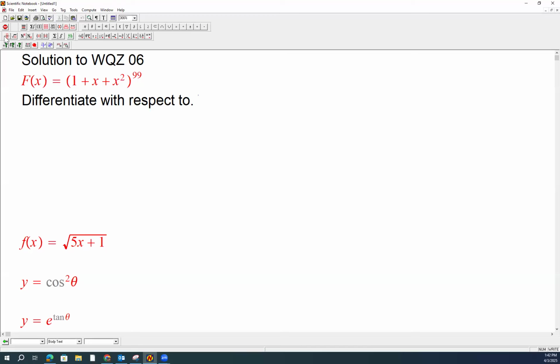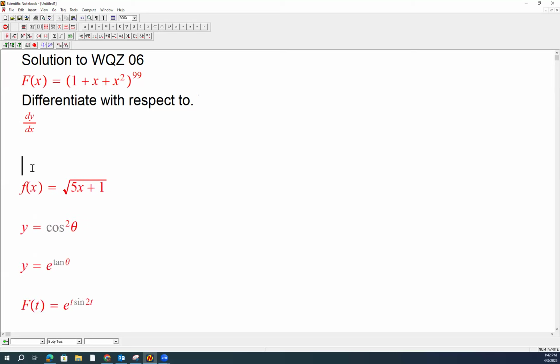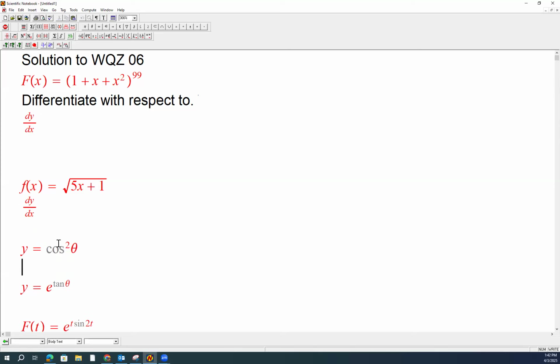Leibniz notation, which is dy dx. In the case where we're differentiating with respect to x, it's dy dx. In this case, it will also be dy dx. But in this third question, it will be dy d theta.